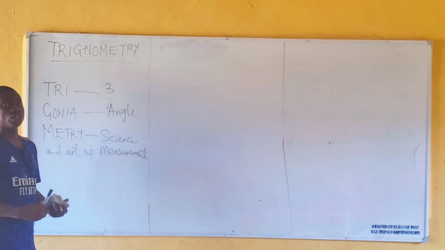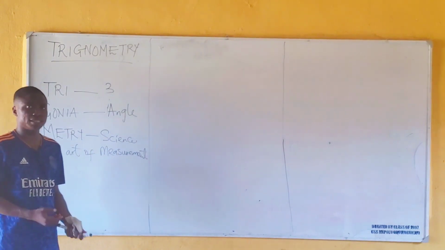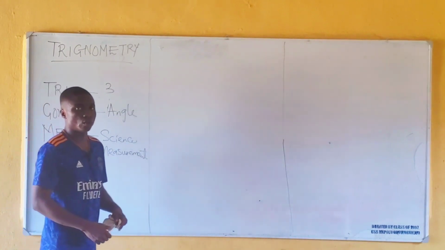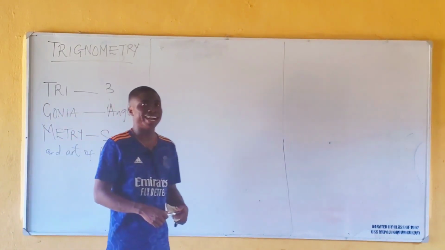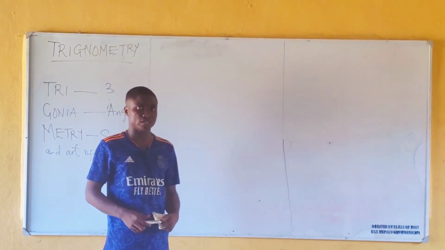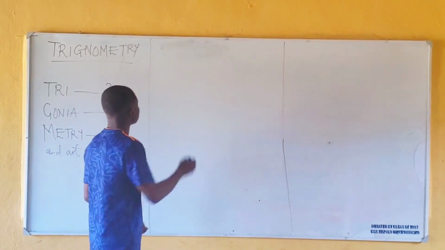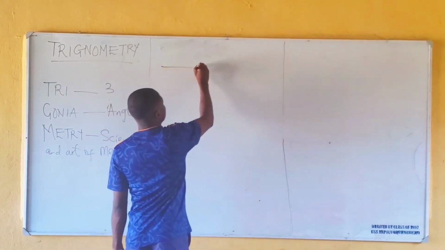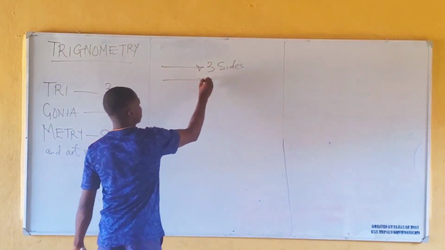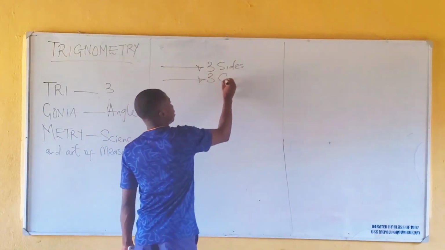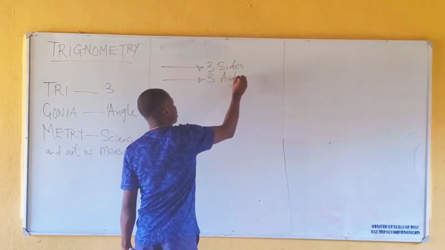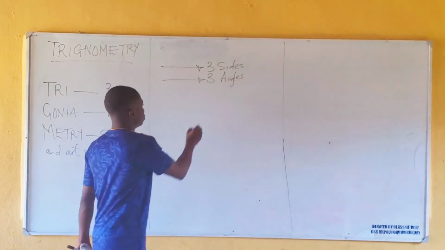Now, since we know that trigonometry deals with triangle, what then is triangle? A triangle is a polygon that has three sides and three corners or angles. Three sides, three angles or corners.